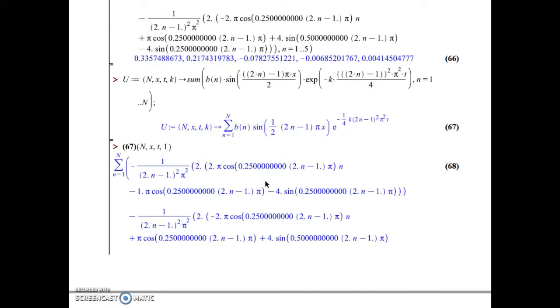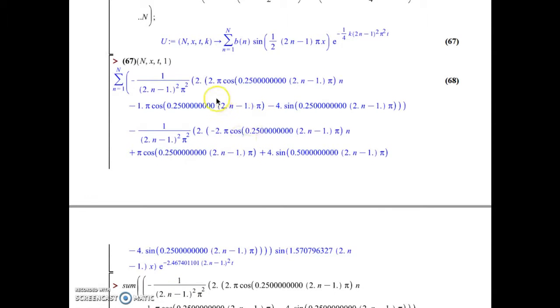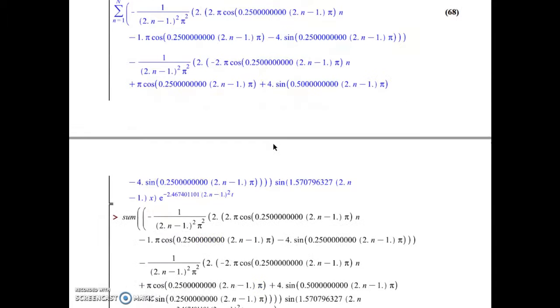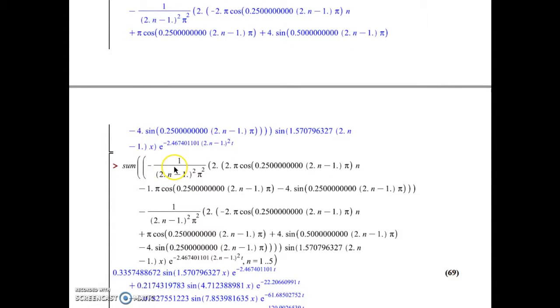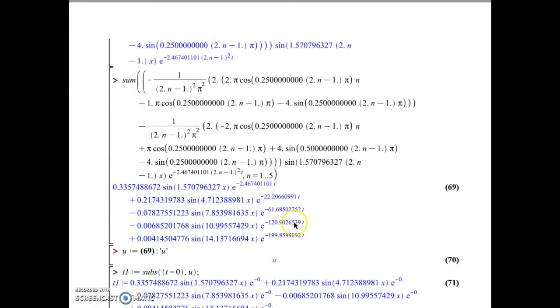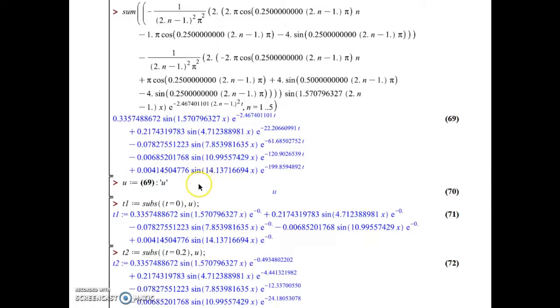Okay, for the first one, I substitute k equals 1 into my solution, and we'll get this summation of values. So I type the summation with n equal to 1 to 5. Then we will get this set of values. We assign this set of values to the function u.